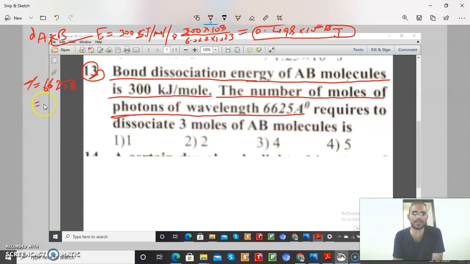If you convert into meter, it will come 6625 into 10 to power minus 10 meter. So lambda you got.